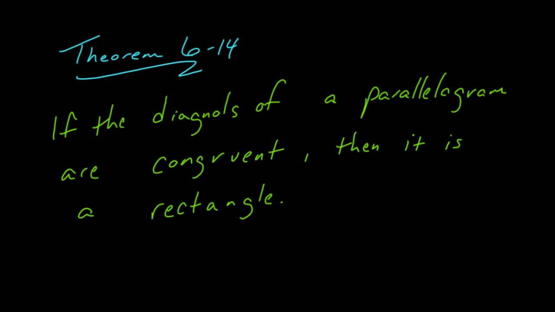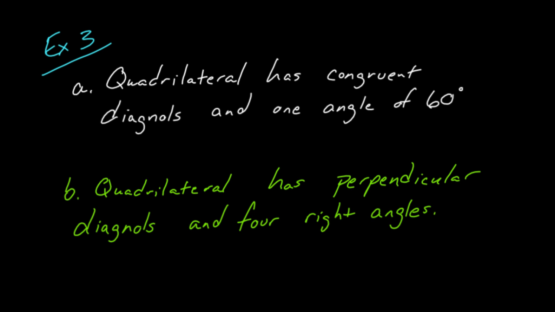Now, the diagonals, whether they're congruent or bisecting and whatnot, those are really the major difference between rhombus and rectangles. So now we're going to an example here, example 3.